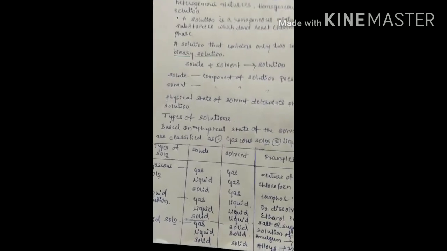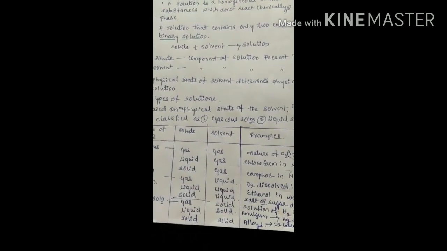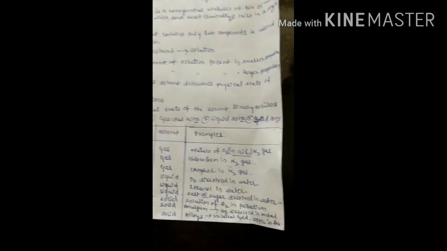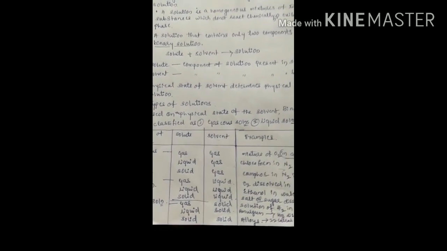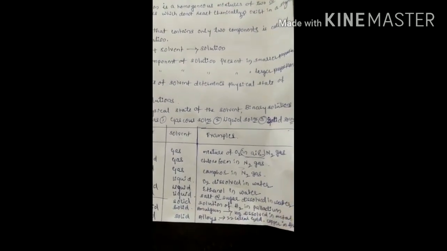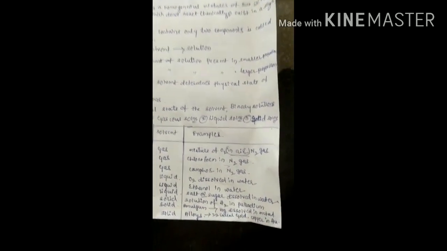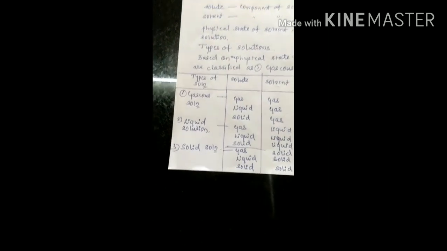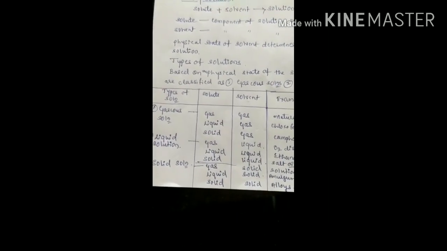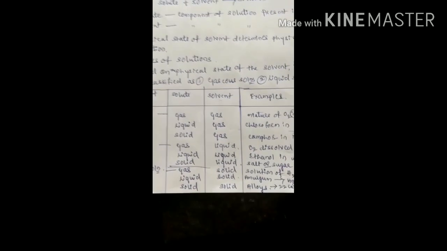Types of solution. Based on the physical state of the solvent, binary solutions are classified as gaseous solutions, liquid solutions and solid solutions. Here are a few examples. Gaseous solution: solute is gas, solvent is gas.